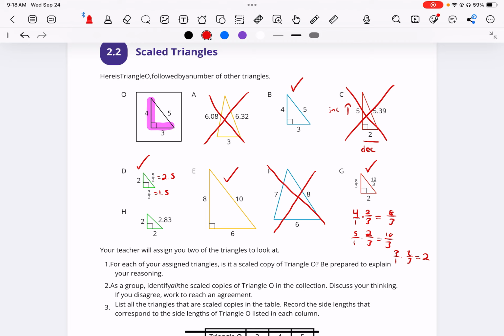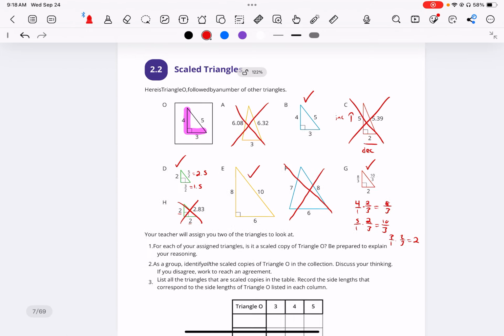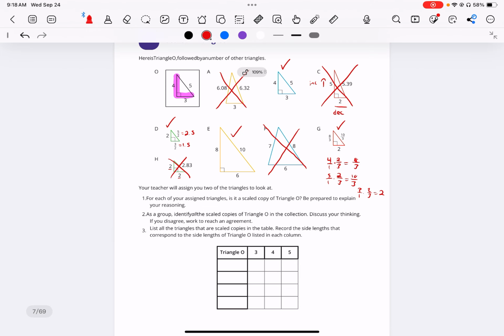Looking at H, I notice that the height and the base are the same, but that's not true in my original, so H is not a scaled copy. Now, we're going to list all the triangles out that are scaled copies and see what we can do with the numbers. So our first triangle is triangle B, and those dimensions were 3, 4, and 5.